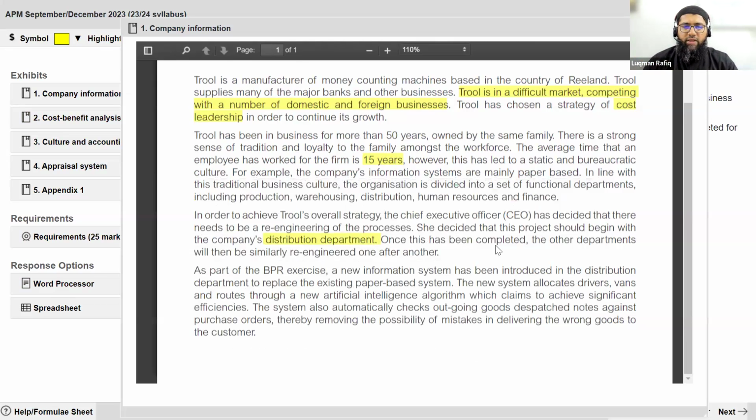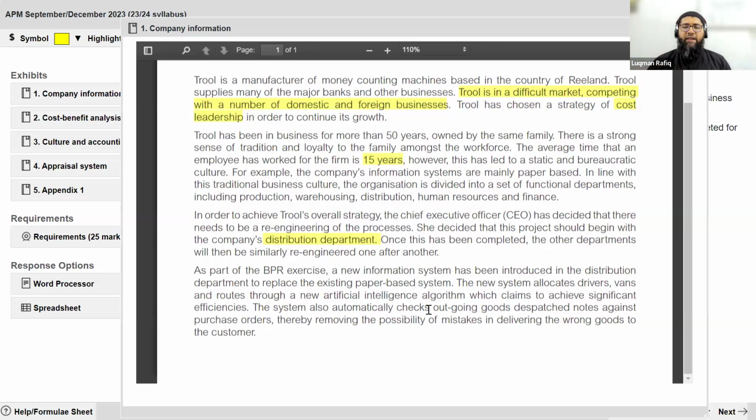Now, once this has been completed, the other departments will then be similarly re-engineered one after the other. As part of the BPR exercise, a new information system has been introduced in the distribution department to replace the existing paper-based system. The new system allocates drivers, vans, and routes through a new artificial intelligence algorithm which claims to achieve significant efficiencies.